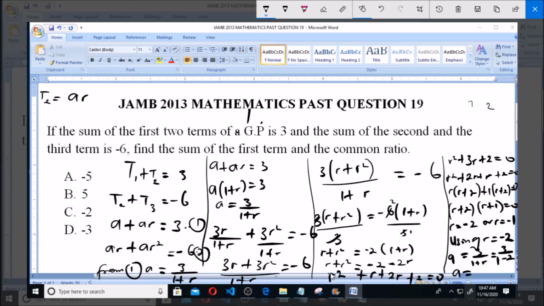So A is equal to 3 all over minus 1, and therefore A is equal to minus 3. Now the question says to find the sum of the first term and the common ratio. Since we used R is equal to minus 2, A plus R will be equal to minus 3 plus minus 2, and that is equal to minus 3 minus 2, which is equal to minus 5. So minus 5 is the answer to this question, and that is option A.